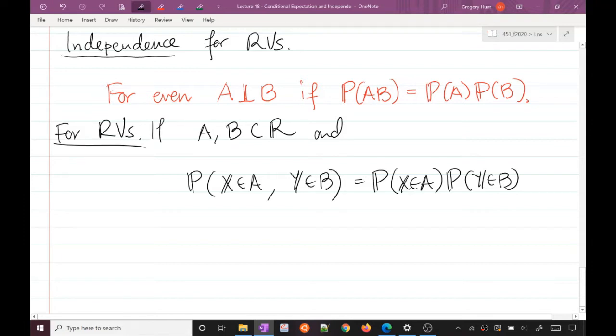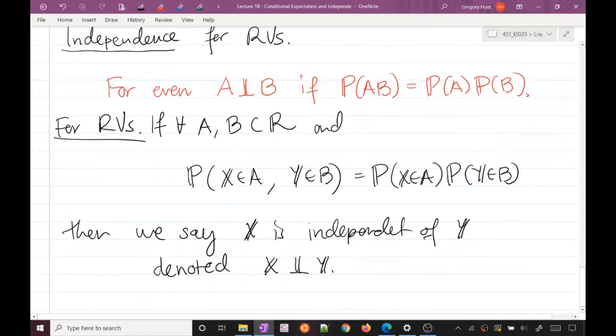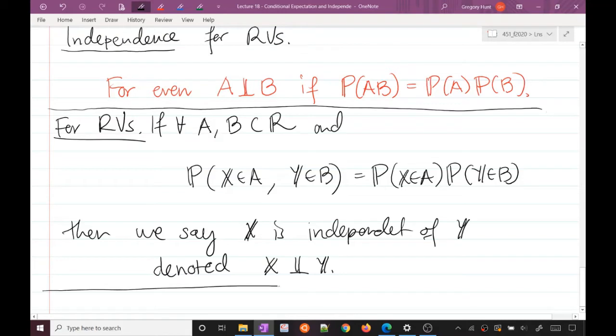And I'm going to make this stronger. If for all possible sets A and B, the probability that X is in A and Y is in B is the product, the probability X is in A times the probability Y is in B, then we say X is independent of Y, and typically we denote it as X perp Y. So this, I'm going to box this off, is our definition of independence for random variables.